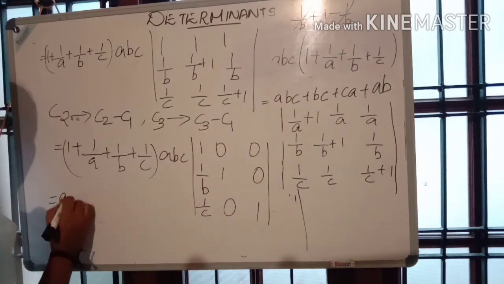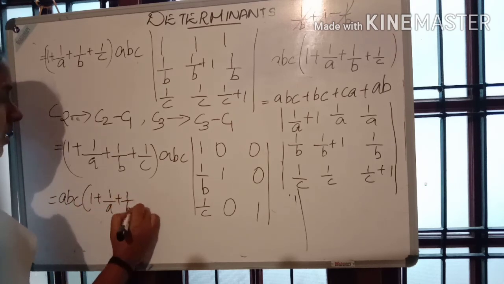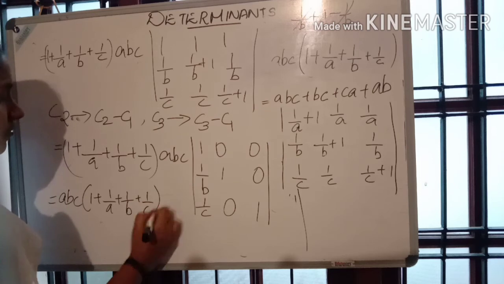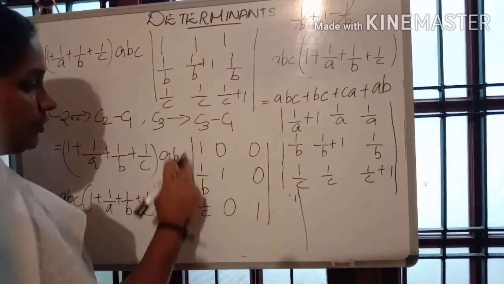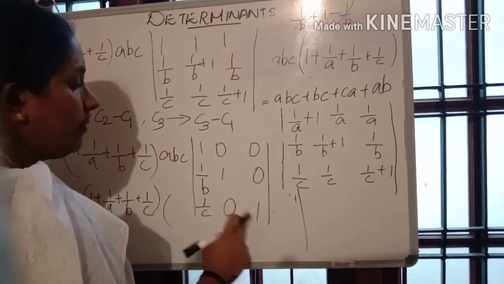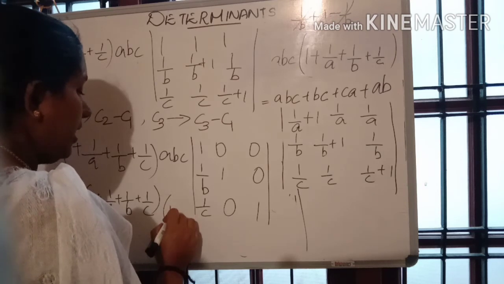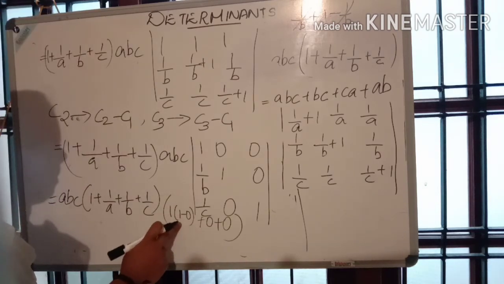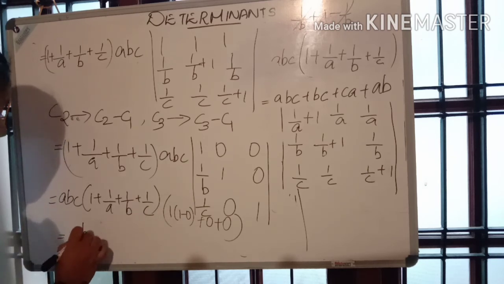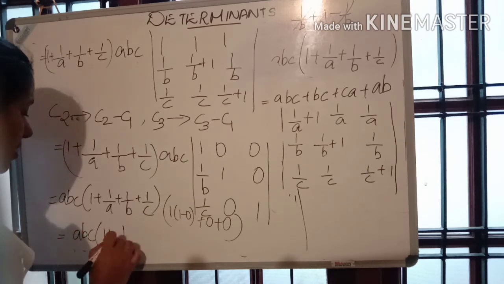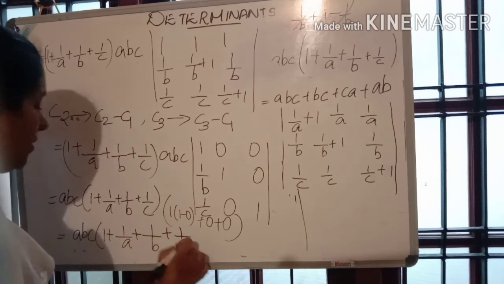So we'll get abc into 1 plus 1 by a plus 1 by b plus 1 by c, 1 into 1 into 1 minus 0, that is 1.